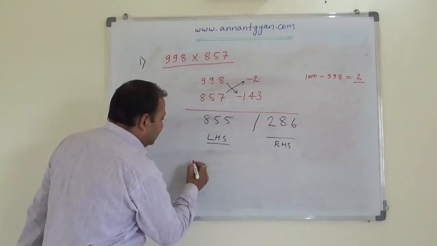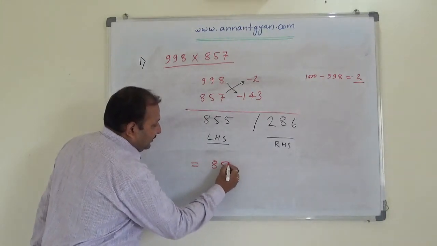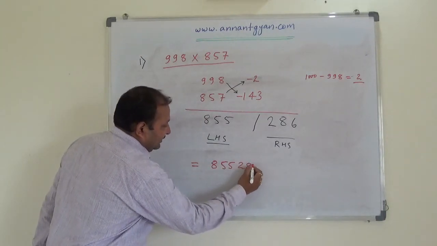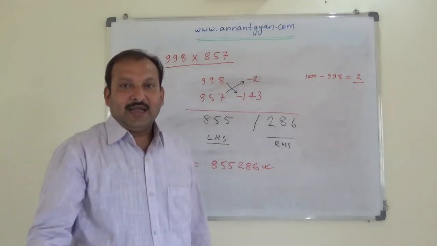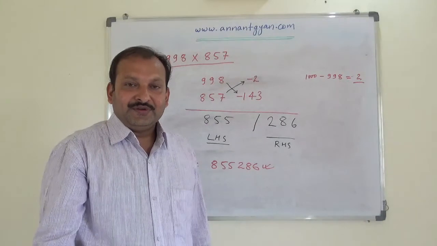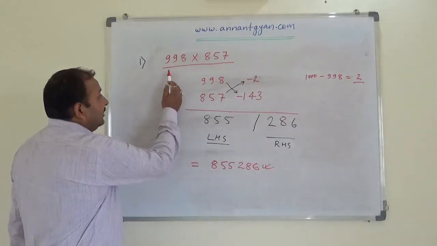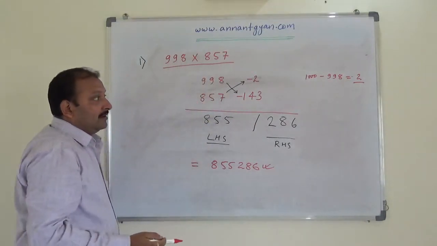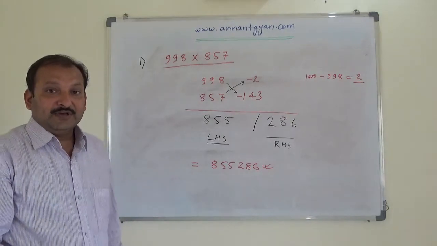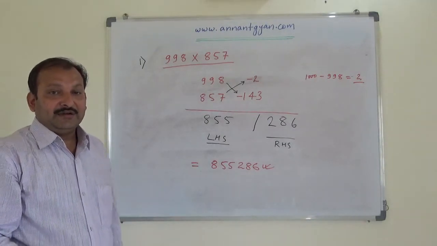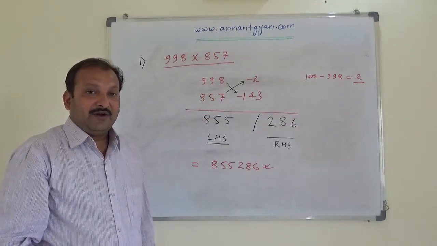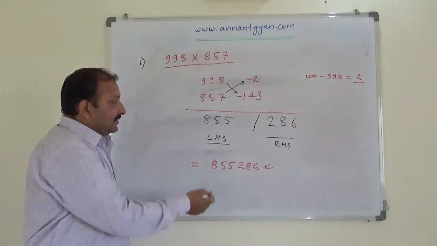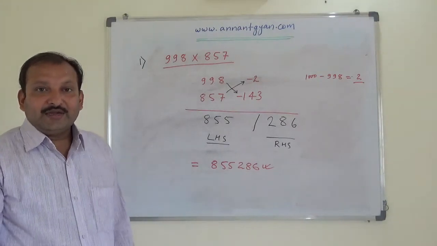And the final answer is 855 and 286. So it is very, very useful to get the answer quickly. If both numbers are near the base numbers like 10, 100, 10,000, at that time we shall use this particular formula to get the answer quickly.